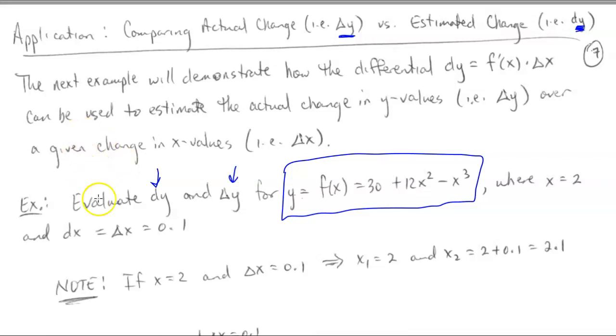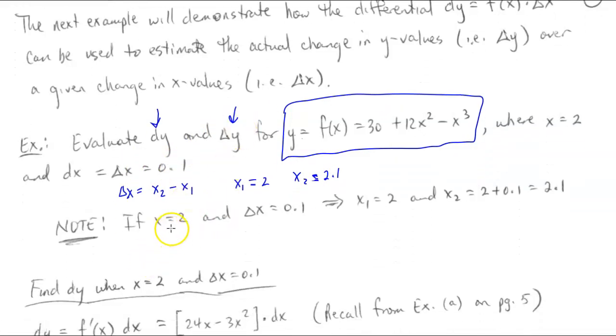And we are assuming that delta x here is going to be 0.1. Remember that delta x is x2 minus x1. So if x1 is 2, and we horizontally move to the right 0.1 units, then x2 is going to be 2.1.